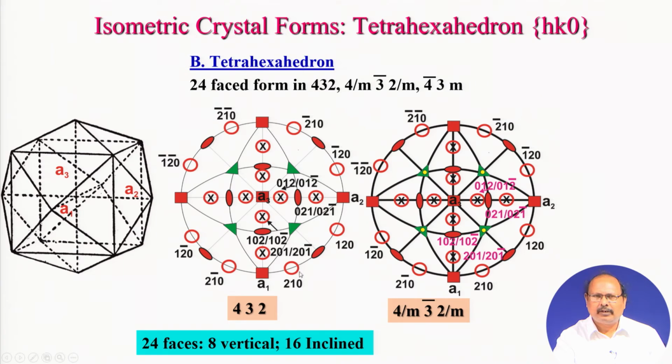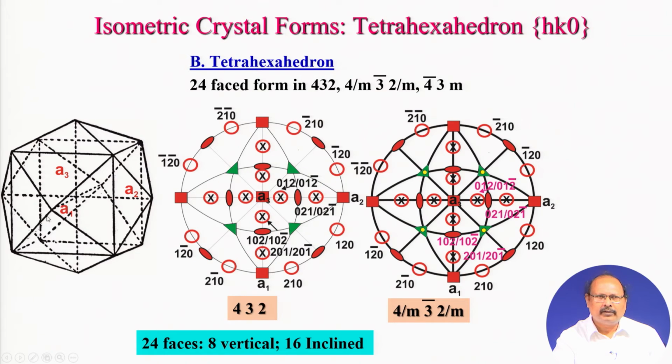But in this particular case, these 24 faces give rise to a crystal form which has been given the name tetrahexahedron. Hexahedron is essentially another name for cube. So when you say tetra hexahedron, there are 6 faces, and each face now breaks up into 4 triangles. So 4 into 6, there are 24 faces, and this is a crystal model of a tetrahexahedron.